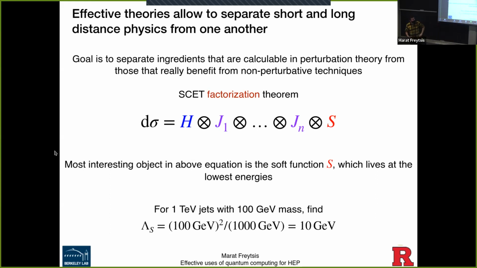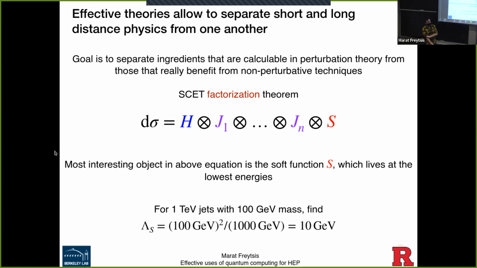And the hard process, like I said before, we can usually compute quite well using just standard perturbation theory methods. It turns out, for reasons I won't discuss in too much detail right now, the jet contributions also typically end up being mostly dominated by perturbative contributions that you can also just compute using standard quantum field theory methods.